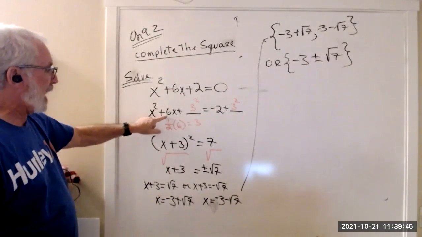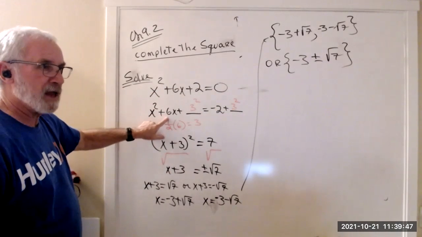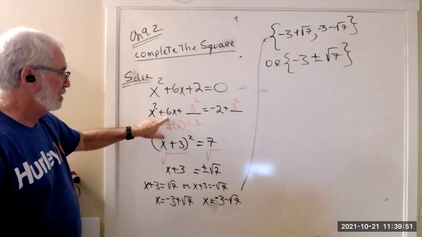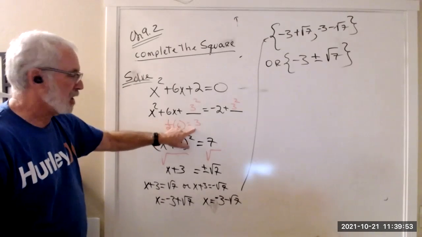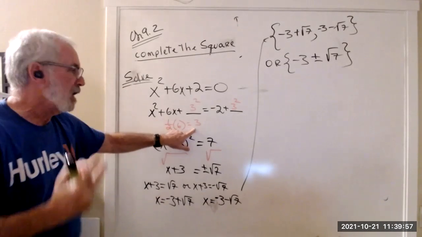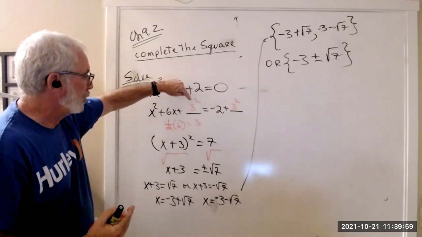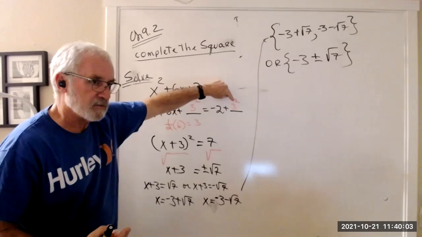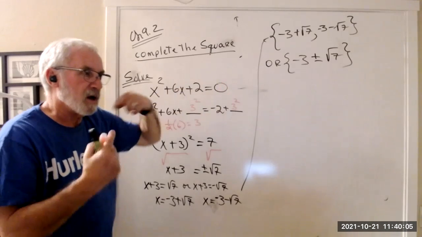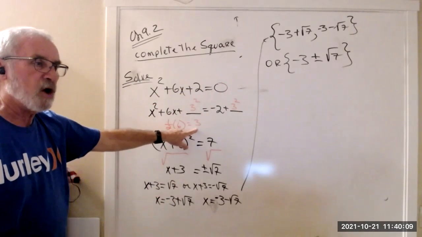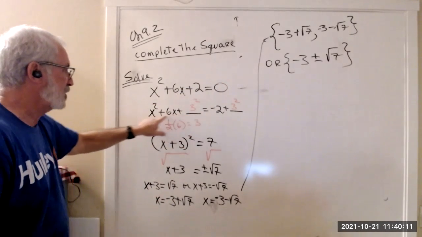I take half of that number, the B number is what it's called, half of it. Half of 6 is 3. I do 2 things with that 3. First off, I add 3 squared to both sides. I also use that 3 to help me factor the left-hand side.